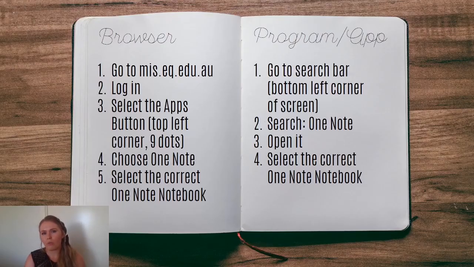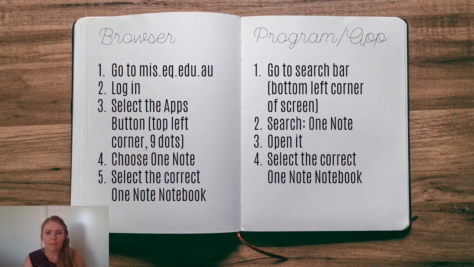Now, there are two different ways that you can do this. You can either use an internet browser or you can use the program or app version of OneNote. If you are using an internet browser, you can do that on your student's laptop, on a physical PC computer that you have. You can use it even on a smartphone.